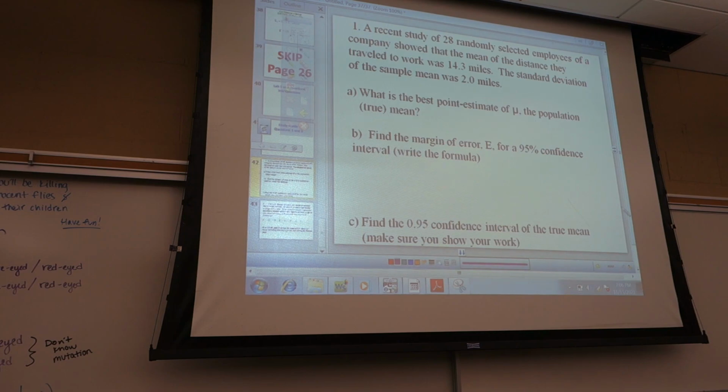But it does not tell you what the best point estimate is. You have to write that down in your notes somewhere else. But it will tell you how to do the rest. If you don't know how to find the point estimate, skip A and go on to B. That's fine. Do B and C. If you don't know A by now, you're not going to know A. Just move on to B and C.